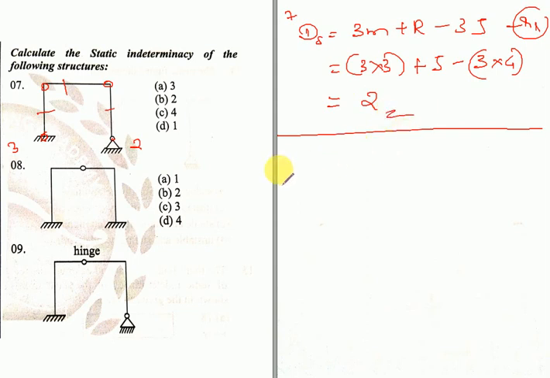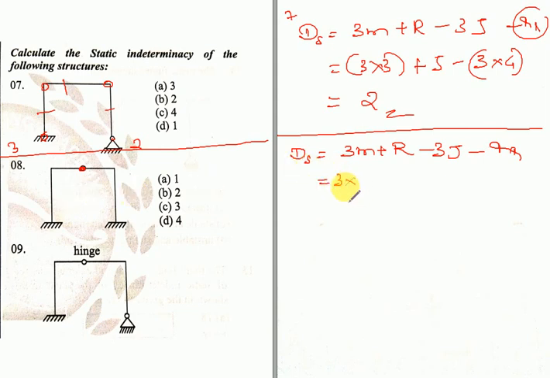Normally these types of questions will be asked. Now in the next one, of course DS is equal to 3m plus R minus 3j. I am solving the 8th question, minus RR comes into account because there is a presence of an internal hinge here. It is 3 into total number of members. Total number of members is how much? 1 member, 2 member, 3 member. Don't separate this member 1, 2 like that.